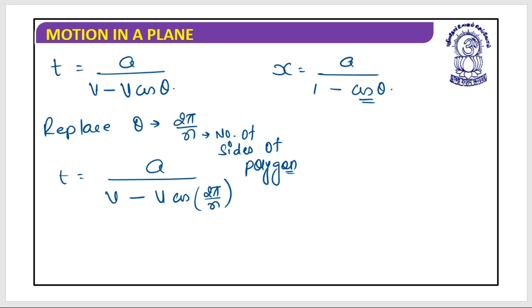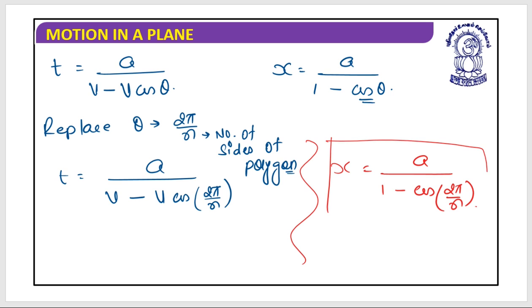So let's say if it is a square, you need to take 4. If it is a triangle, you need to take 3. If it's a pentagon, you need to take 5, and so on. So the distance traveled x will be equal to a upon 1 minus cos 2 pi by n.